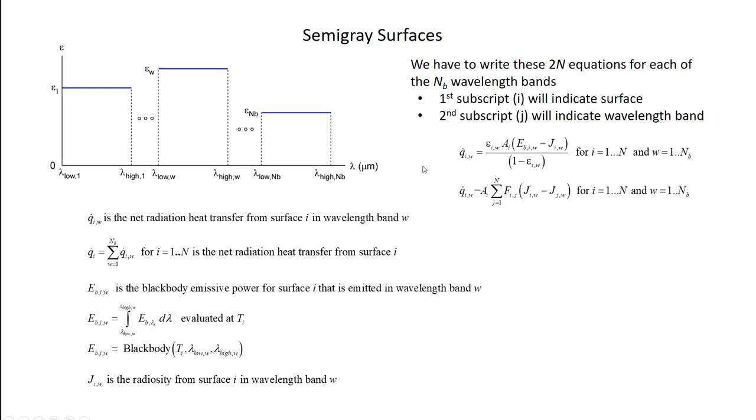And if you couple these equations with a complete set of boundary conditions, so that would be temperature of each surface or heat transfer rate for each surface, and I don't mean heat transfer rate in any one wavelength band, I mean this net heat transfer rate for every surface, you should have a sufficient number of equations to solve. Now, I'll warn you that converging to a solution happens much easier if you initially set the temperature of every surface, even if that surface has a specified heat transfer rate.